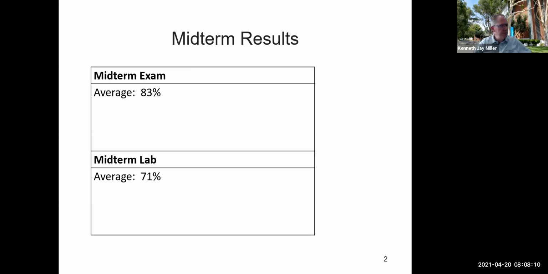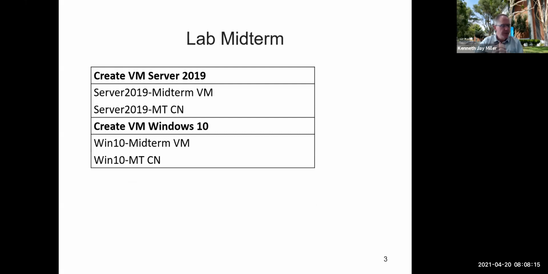The midterm, I want to talk about specifics. So first off, when you submitted the lab midterm, or when you looked at the rubric for it, which you can see in the assignment, there were two things you had to do. And these were really basic things that we've done probably 8 or 9 times already in this semester.